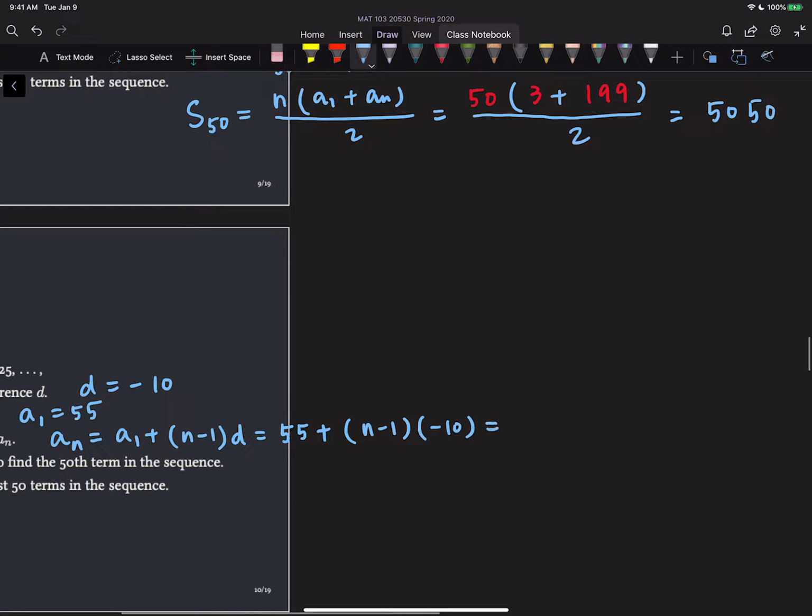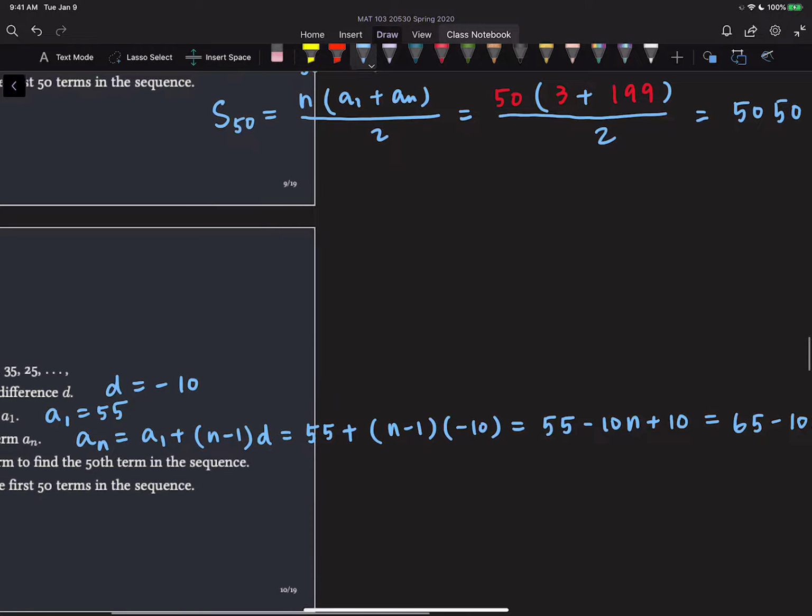And we're going to simplify this algebraic expression. 55, you distribute negative 10, that's negative 10n. And then negative 1 times negative 10, that's positive 10. Combine like terms, we obtain 65 minus 10n. So that is the general term for this particular sequence, 65 minus 10n.